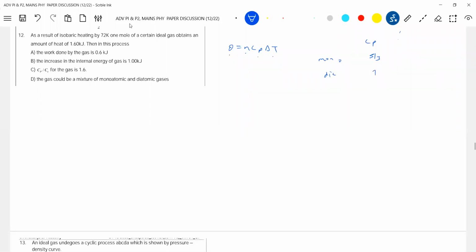Diatomic will be 7/5. Check it. So what will this CP be? Mixture of means again the total number of moles will be n by gamma minus 1 equal to n1 by gamma1 minus 1. If you can remember this formula for a mixture of gases, you can take help of this also.